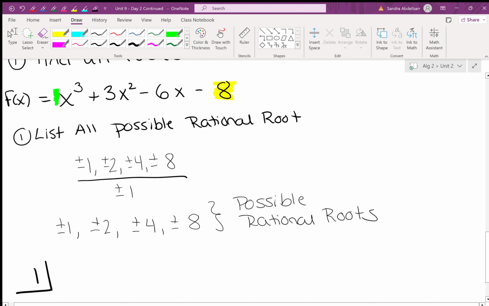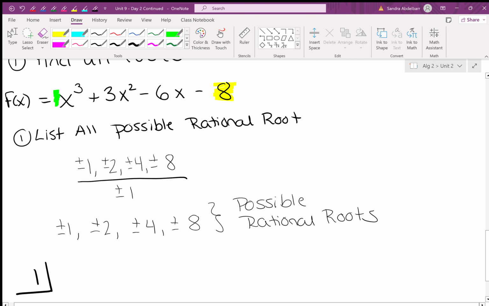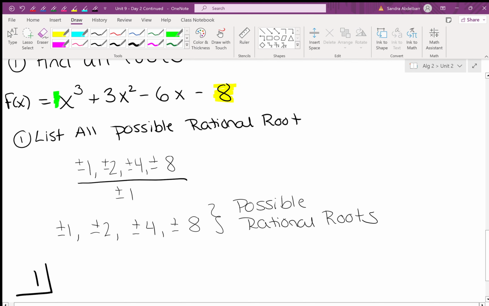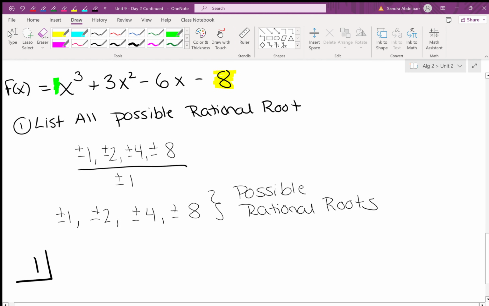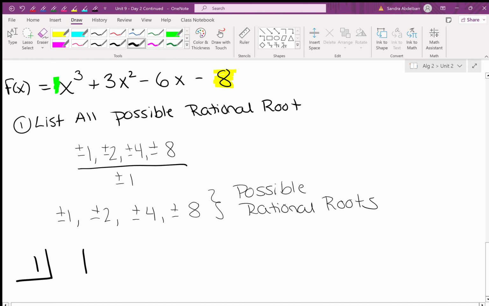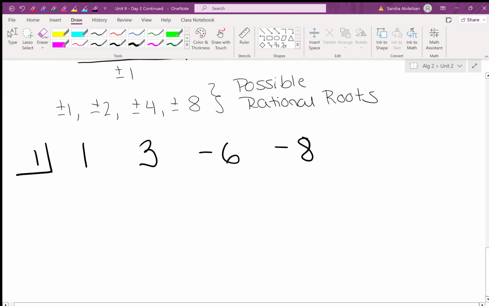All right. Is every exponent accounted for here in our original polynomial, x cubed plus 3x squared minus 6x minus 8? Yeah, so I could just list these out. So we're at 1, 3, -6, -8. Now you put the 1 in the box and you bring it down.